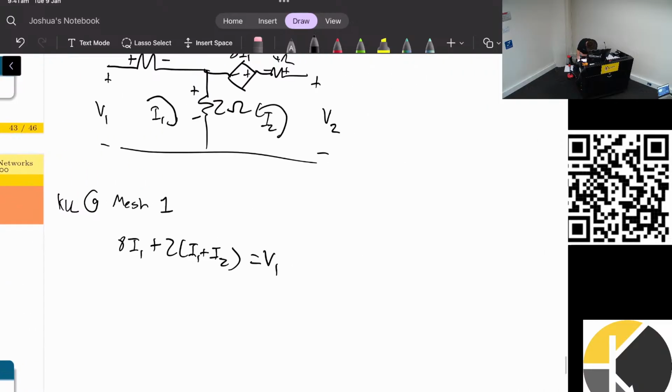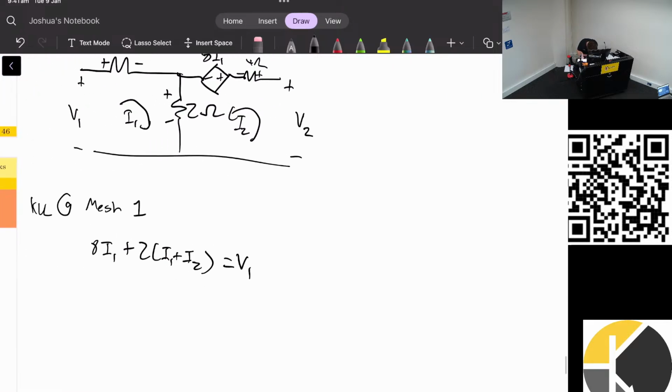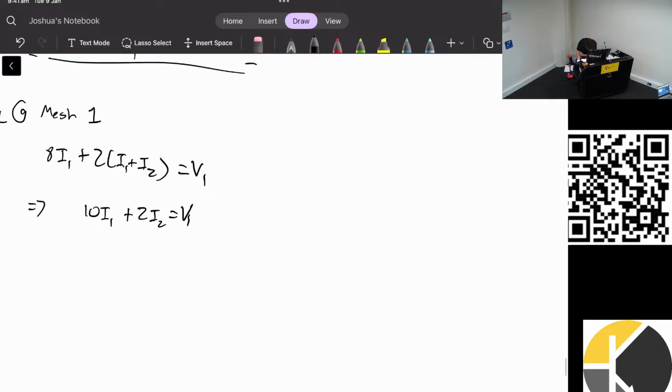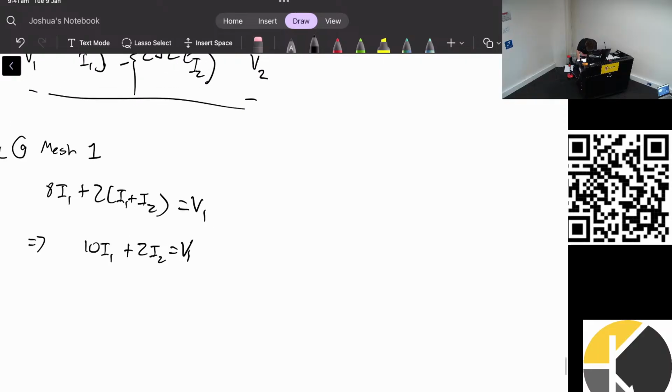Now that will simplify to 10i1 plus 2i2 equals V1. Now, the next thing we're going to do is mesh 2.